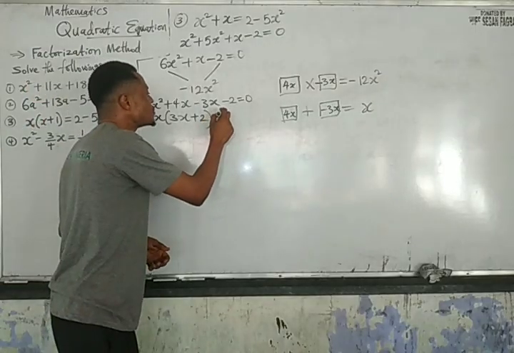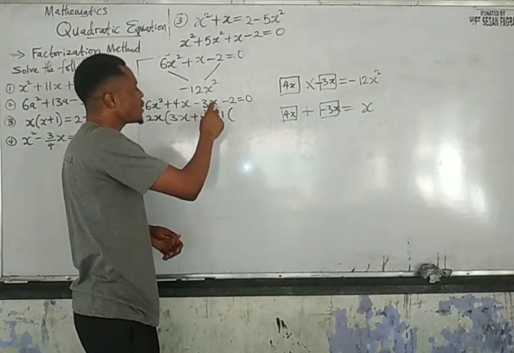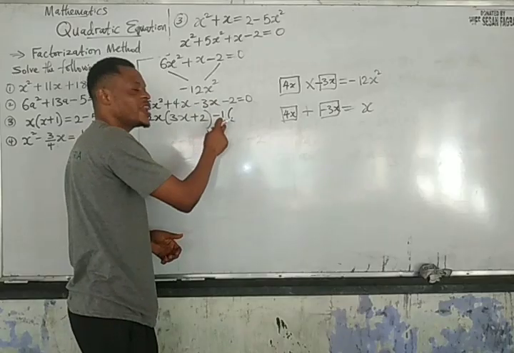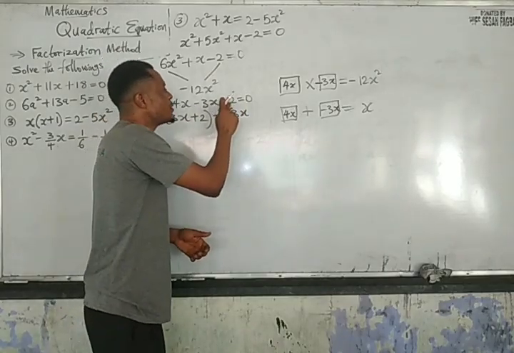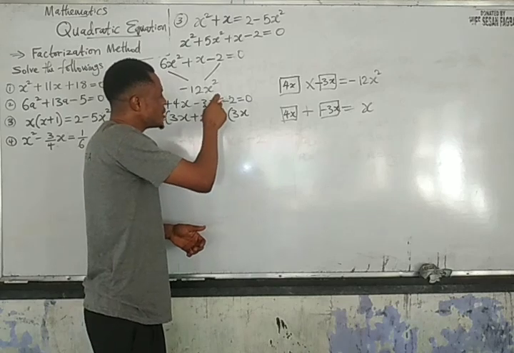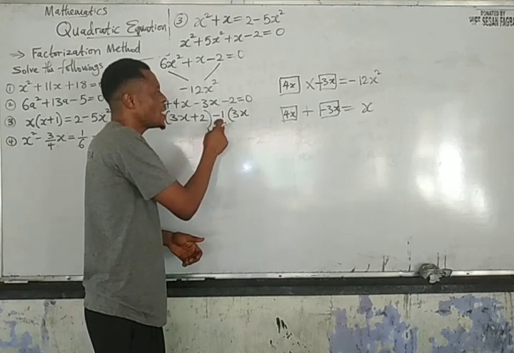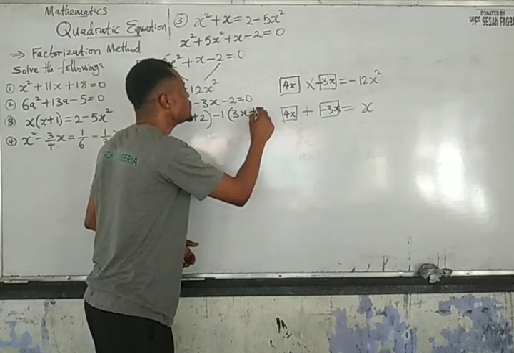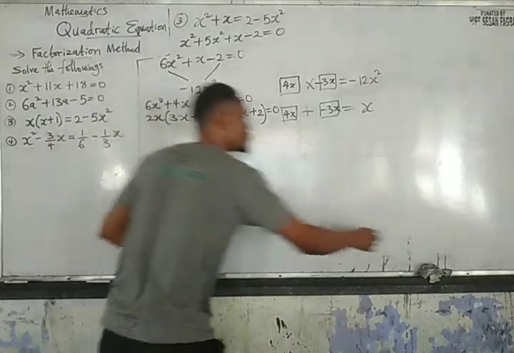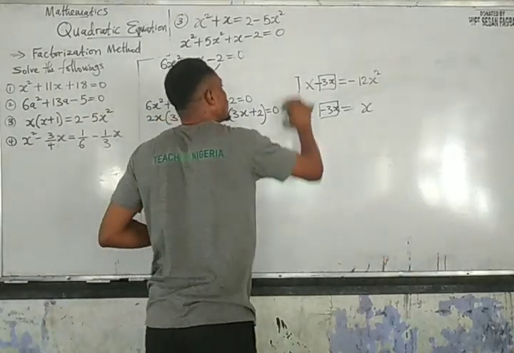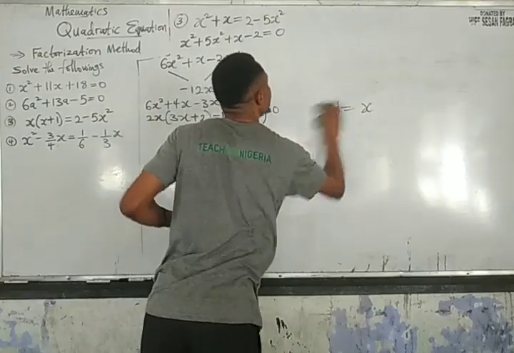So we have minus 1, open bracket, minus will cancel minus. 3x divided by 1, we have 3x. At the same time, minus 2 divided by minus 1, minus will cancel minus. 2 divided by 1, we have a positive 2. All to give us 0. Let me clear this to avoid any form of error. We are through with this.